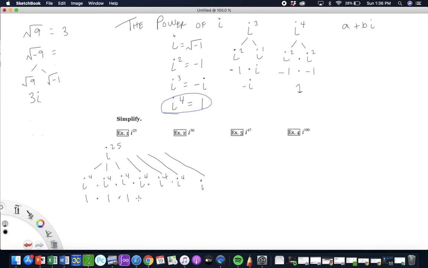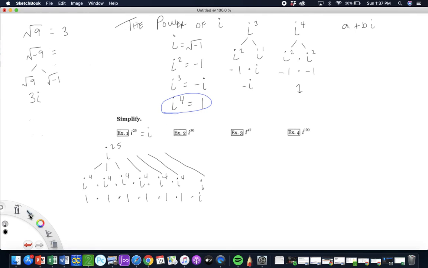So all my groups of 4 turn into 1, and it would be 1 times 1 times 1 times 1 times i. The remainder was a single i after taking out 6 groups of 4, which resulted in 24. So my answer is simply i.